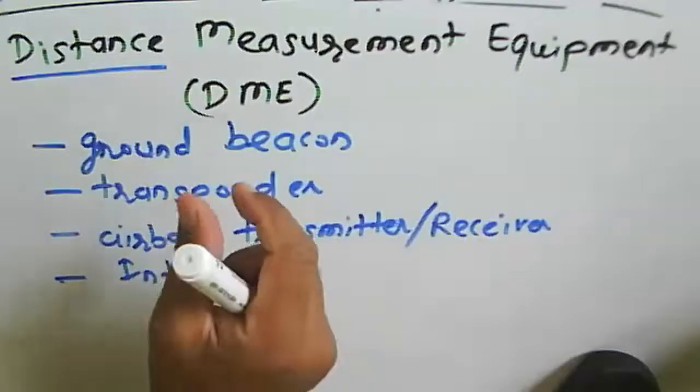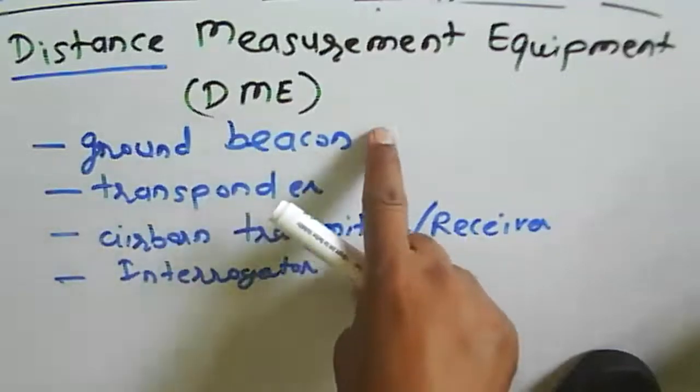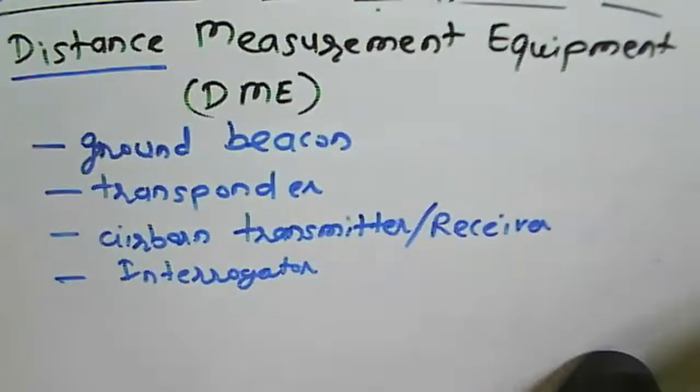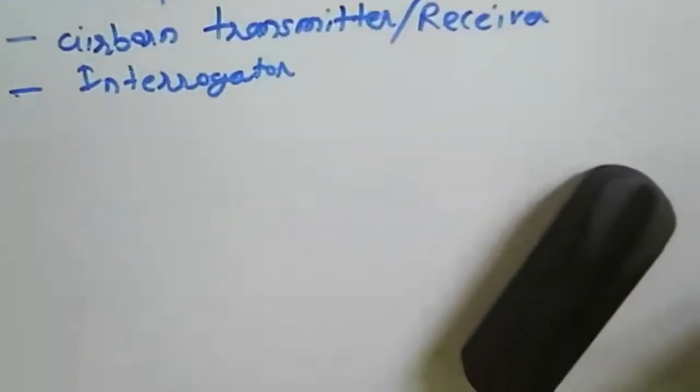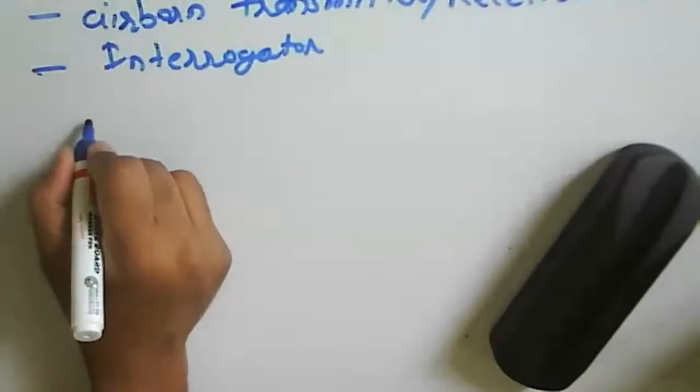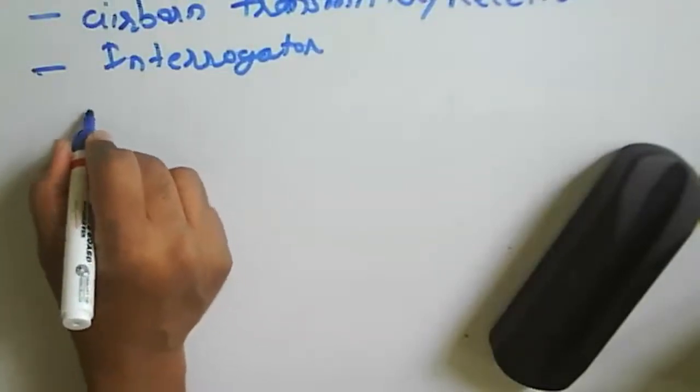So generally a DME consists of these components. If you see them in a block diagram, we have various blocks of a DME.